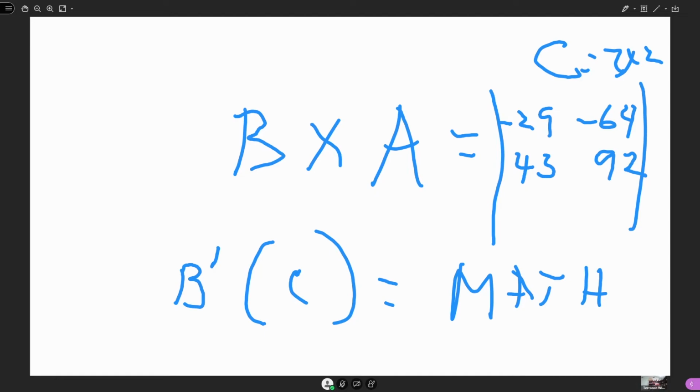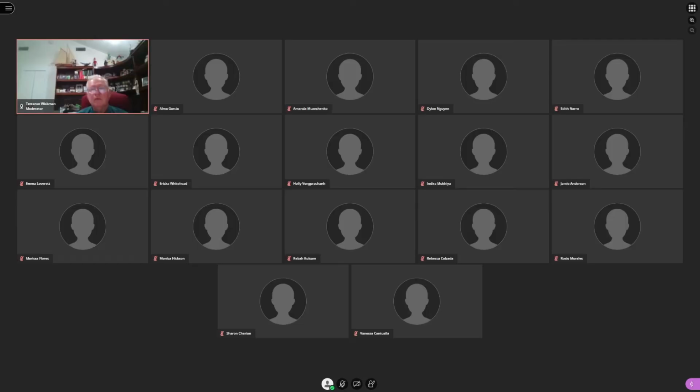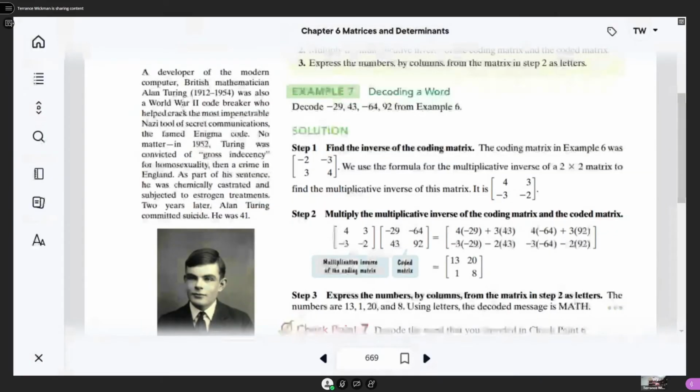So let's go back to the book. If you look at step 2, the inverse of the coded matrix, they show us 4, 3, -3, -2.